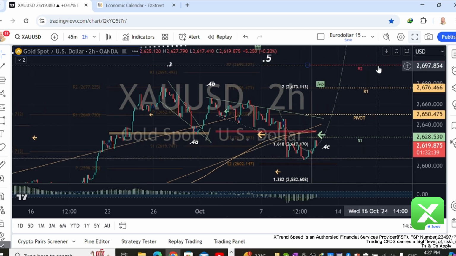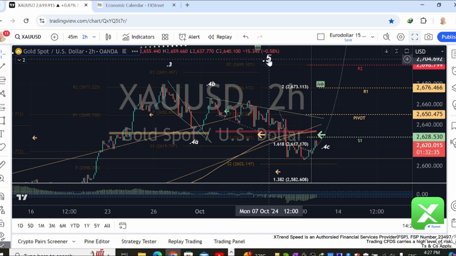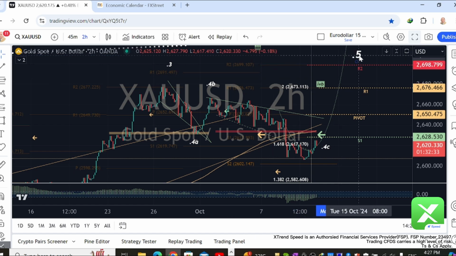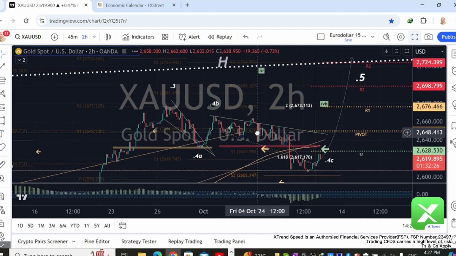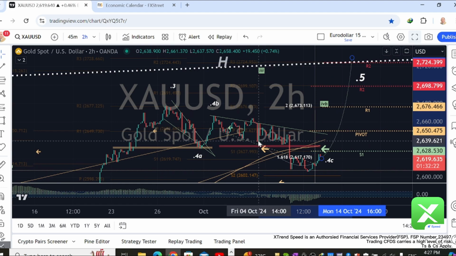In order to see resistance 2, I believe we need a geopolitical impact or catalyst to spur the price of gold higher. Ultimately, when we get that impact, everybody knows, of course, what we're waiting for.